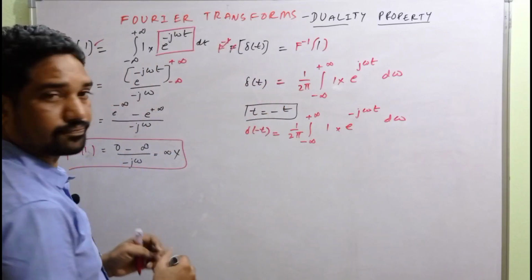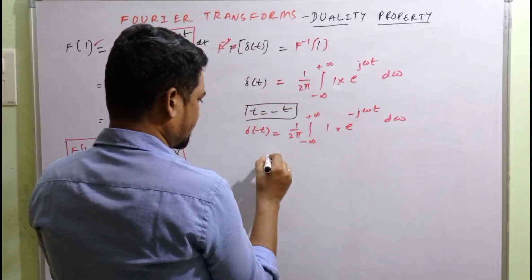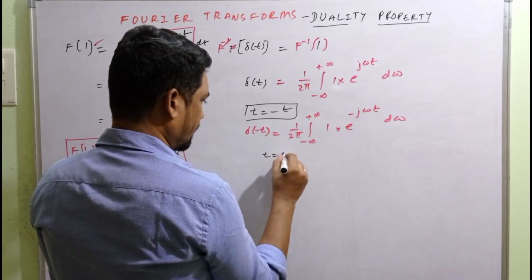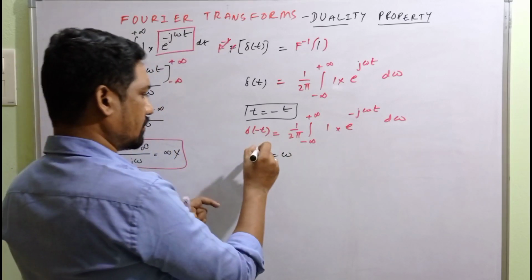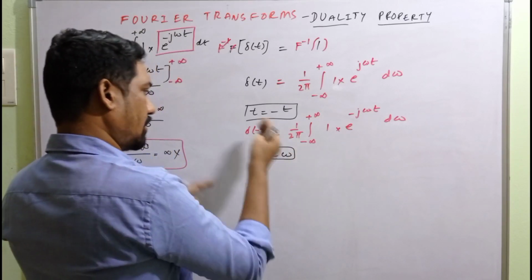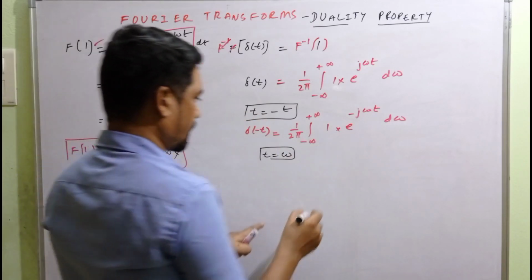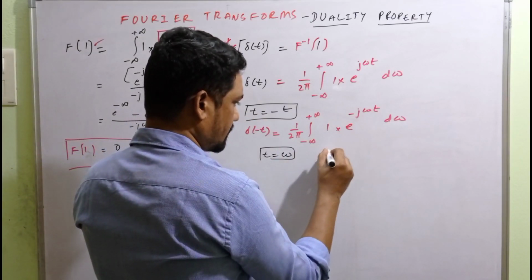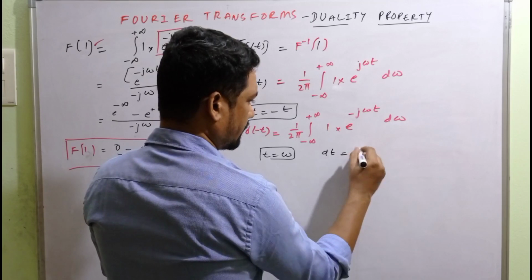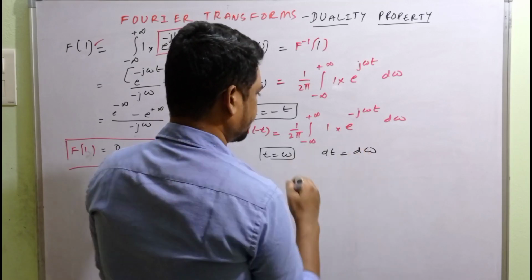Now the next step, t equal to omega wherever I find t in the expression, in the LHS as well as RHS. And with this we have dt equal to d omega.